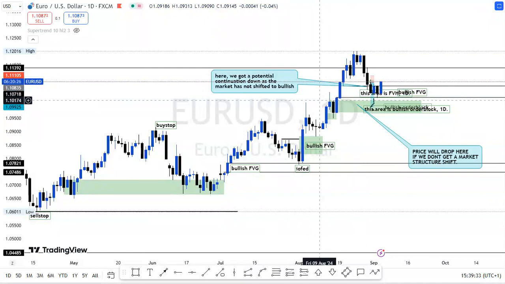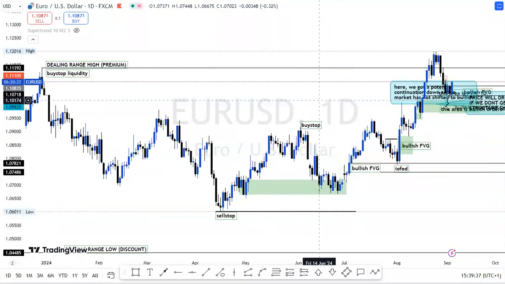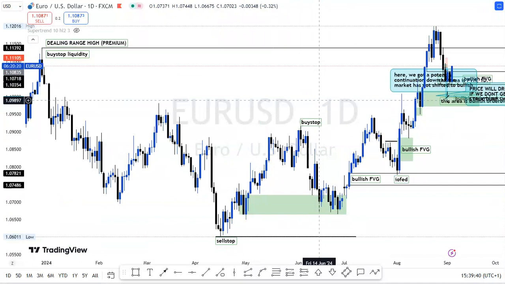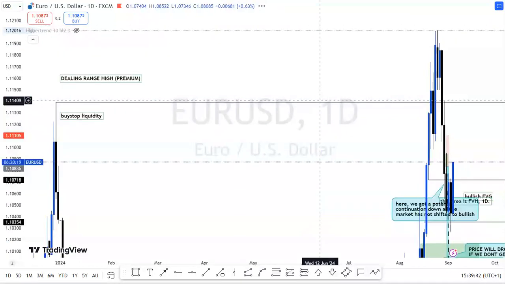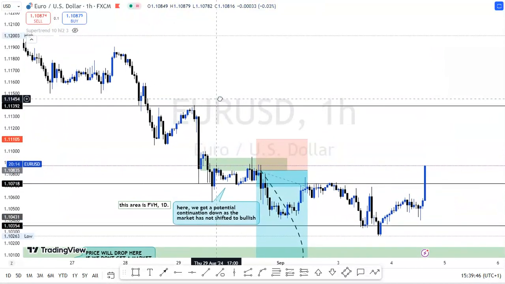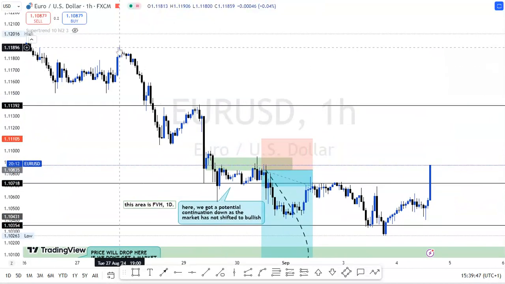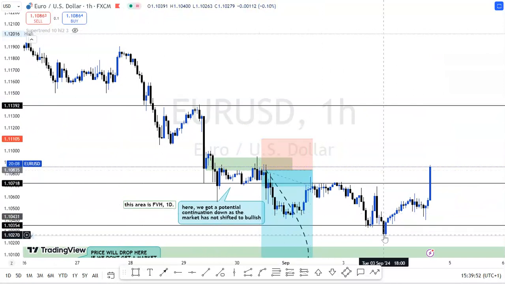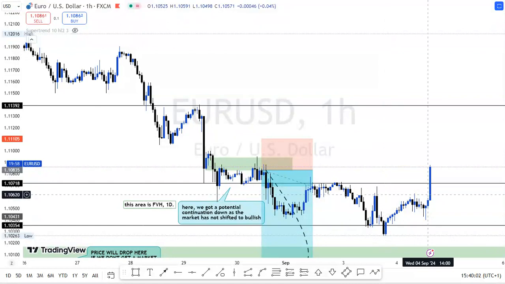Okay, so let's go back to the hourly time frame now. Good. Now, this is the hourly time frame, and you can see from this high all the way to this low, there was no point where price shifted or showed any intention that it wants to trade higher, until now, until today.